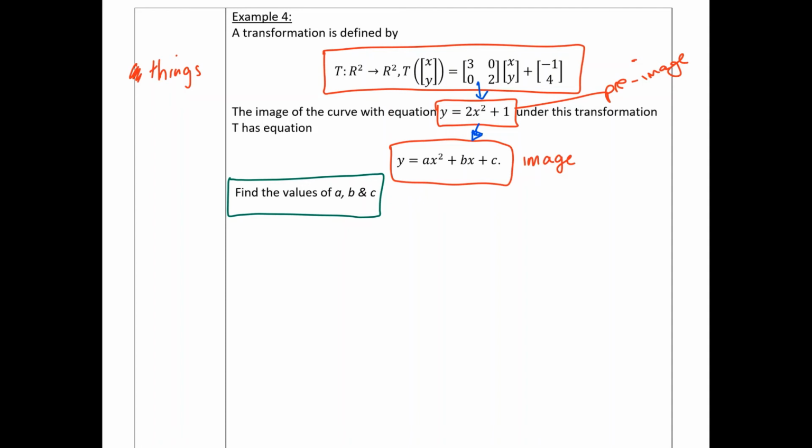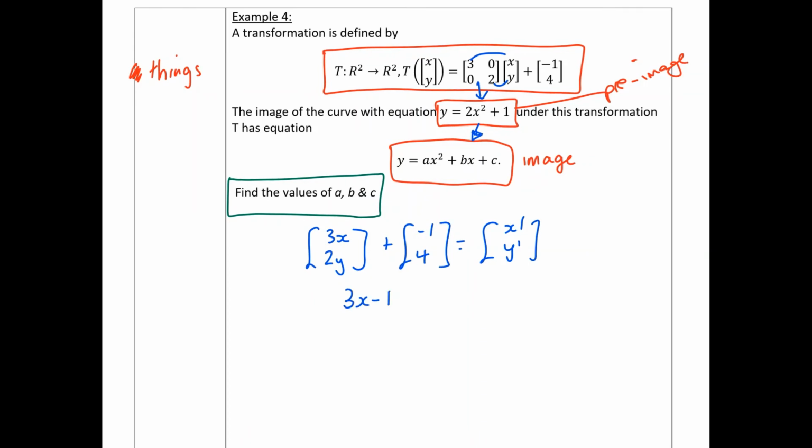Okay, let's start by resolving the matrix. 3 times x and 2 times y gives me 3x, 2y, plus negative 1 and 4 will equal new x and new y. 3x minus 1, so that top line, must therefore equal x dash.